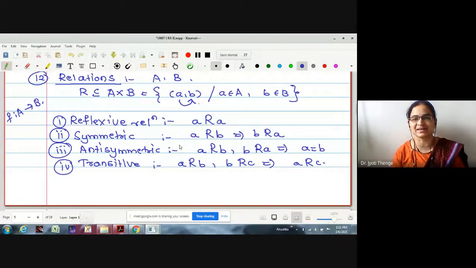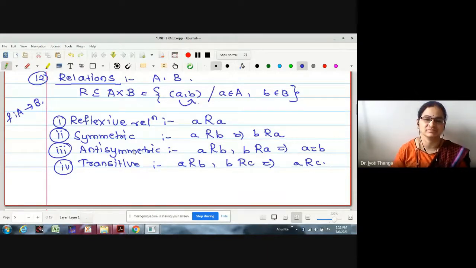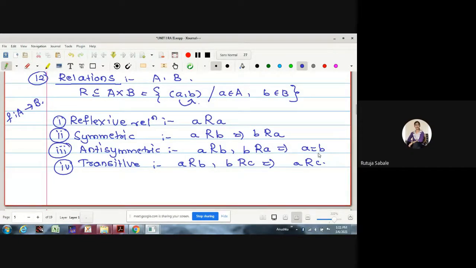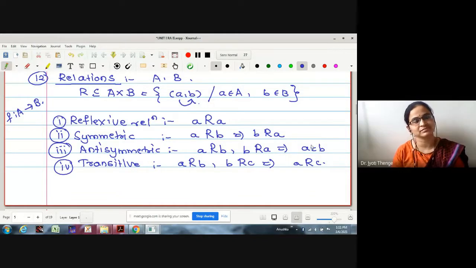Yes, it is symmetric. If A is a friend of B, then B is also a friend of A. Next, whether it is antisymmetric: A is a friend of B, B is a friend of A, are these two the same person? Suppose Rutuja is a friend of Simran and Simran is also a friend of Rutuja. Are Rutuja and Simran the same persons?